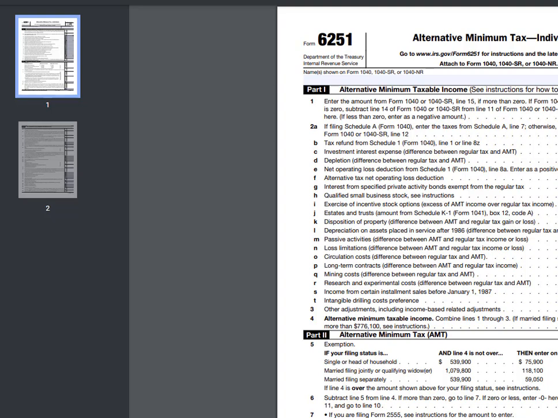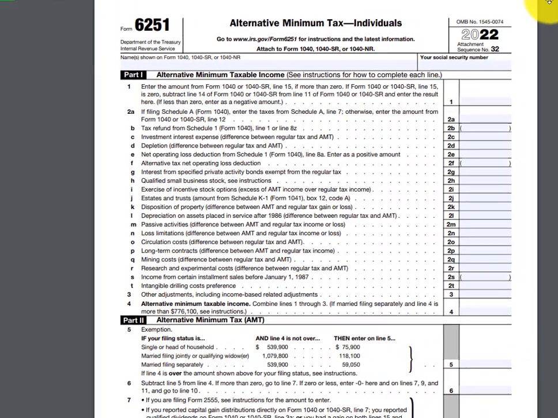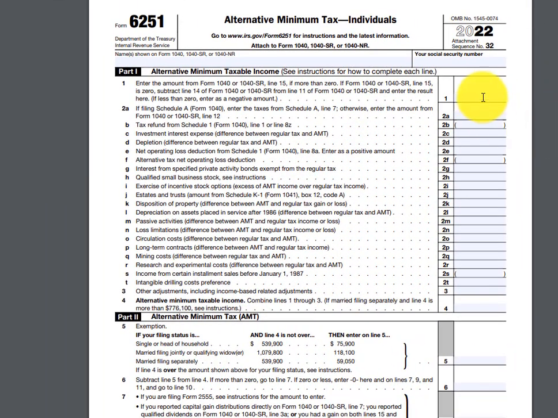Okay, it brings in taxable income. There we go. Now you can see it. Taxable income over from your 1040 starts in line one and then starts to make the adjustments we talked about. And you'll see some of those that we mentioned in the slides.